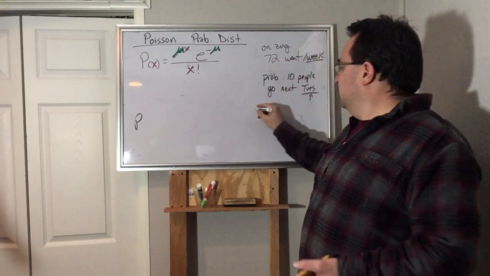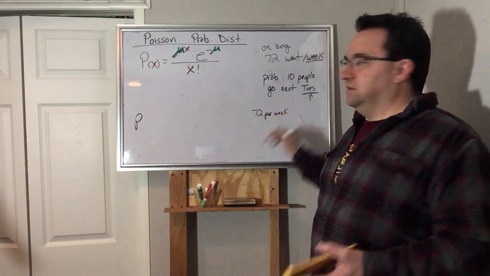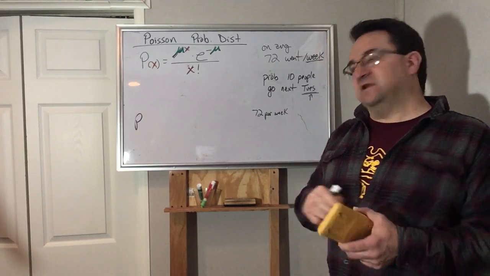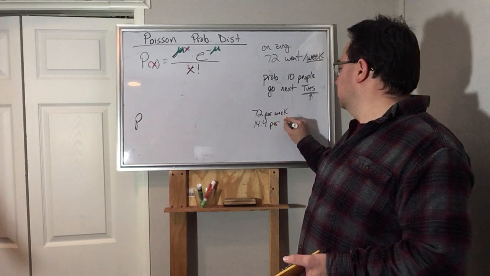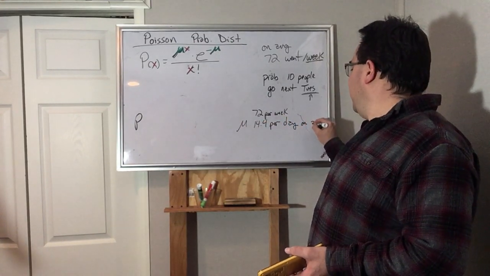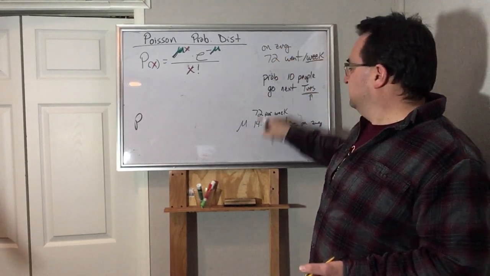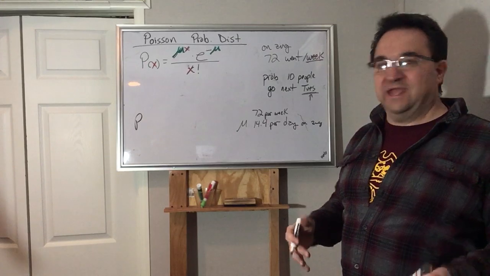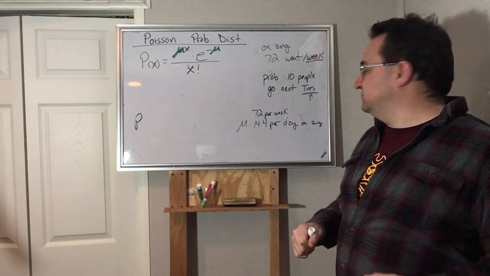That's a problem, so I've got to fix that. We already did that. 72 per week. There's 5 days in a week, so if I divide by 5, that was 14.4 per day. So that would be my mu on average. If 72 go per week on average, then 14.4 go per day. I've got to get it down to 1 day because the time units have got to match.